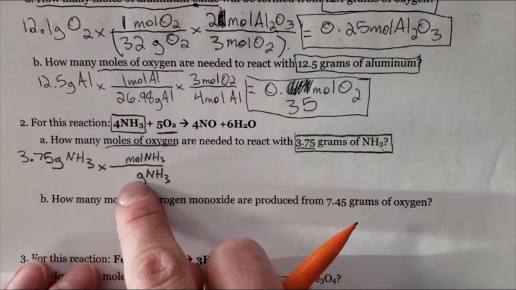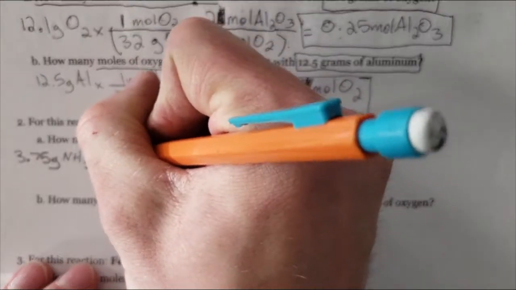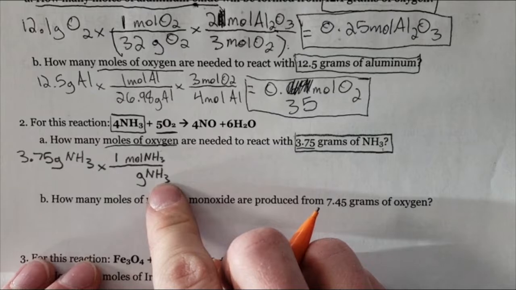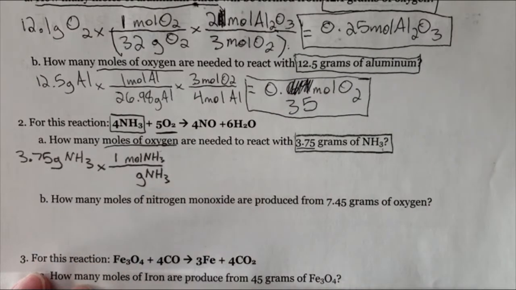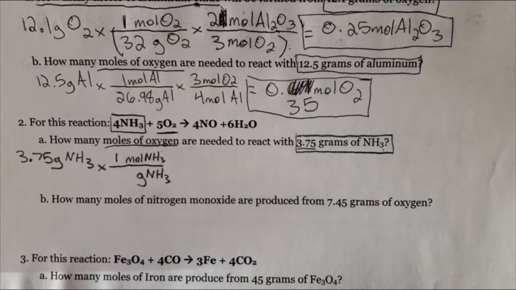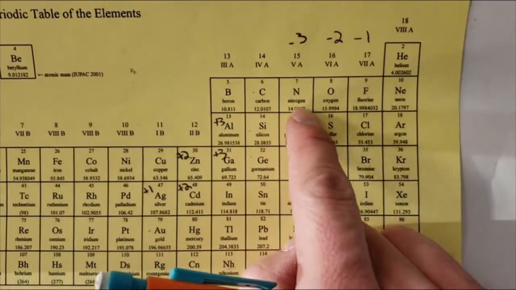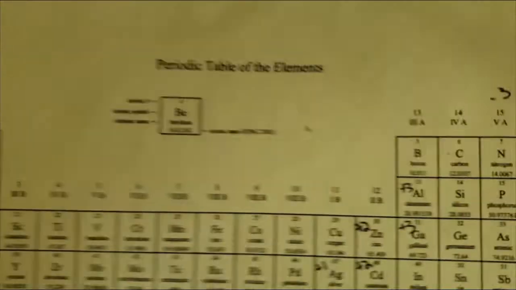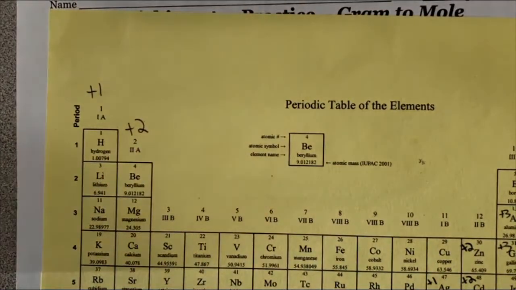Okay, so now if this is our molar conversion here, we're going to have 1 mole set to whatever the mass is of NH3. So we have to figure out what the mass is of NH3. So where might we find that? You guessed it, the periodic table. So NH3 has 1 nitrogen and it has 3 hydrogens.